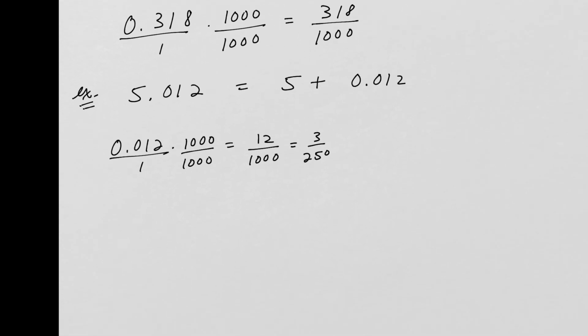So now this is the same as 5 plus 3 over 250. But remember, as a mixed number, this means 5 and 3 over 250, right? That's another way of writing 5 plus 3 over 250. So that would be the answer. Okay, so sometimes we have to convert from decimal notation to fraction notation.